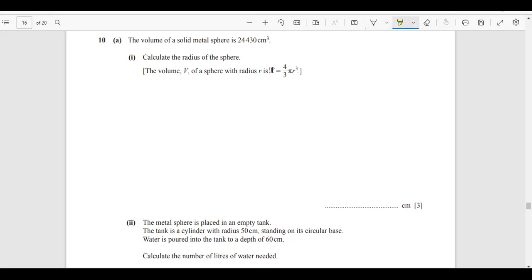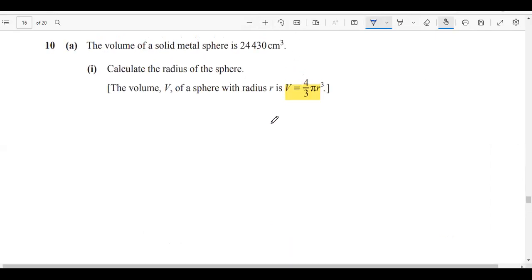This is how we find volume of a sphere, and the volume is 24,430, and you need to find the radius. So I have just plugged in the volume, and this is what I would get.